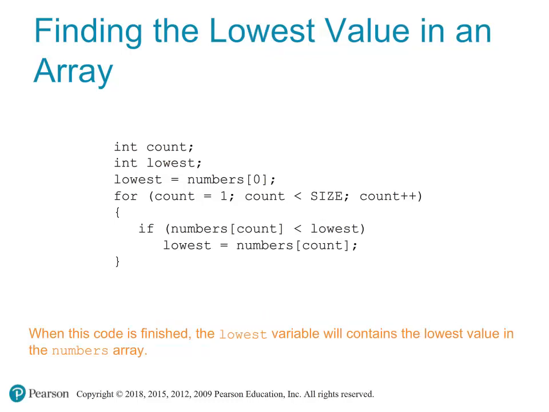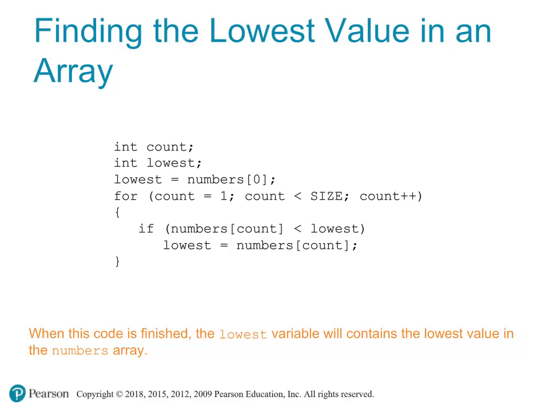Similar to finding the highest value in an array, you may also need to find the lowest value. So we initialize the lowest variable with the value of the first element of the array, providing a basis for comparison. A for loop starts iterating from the second element, count equals 1, through to the last element, which is count less than size, which is size minus 1.